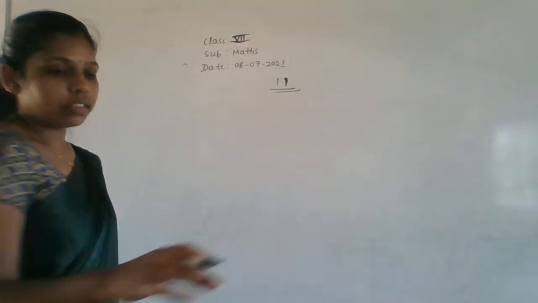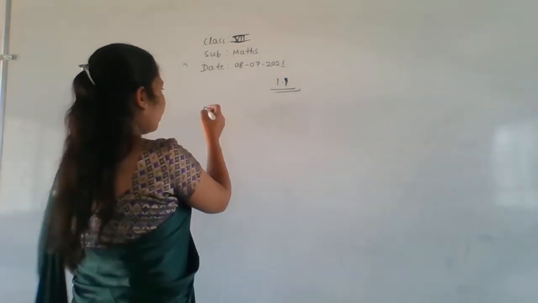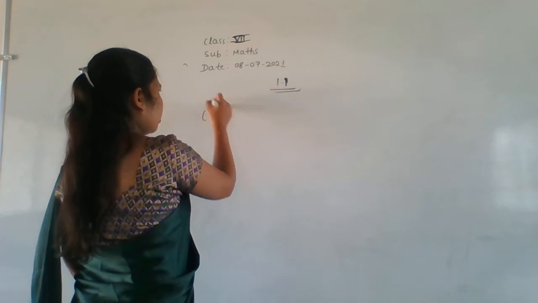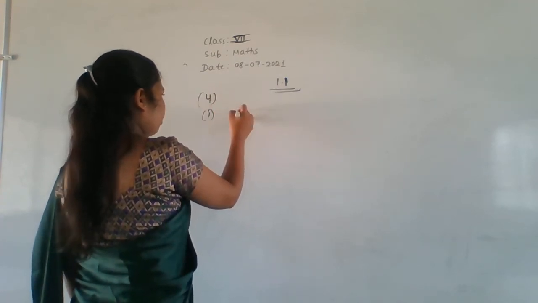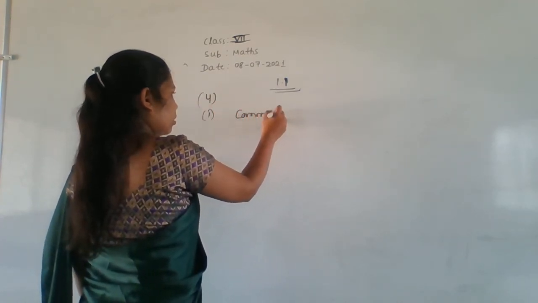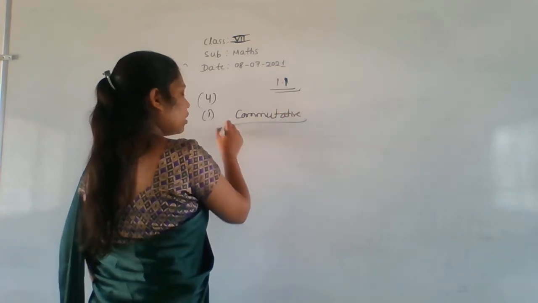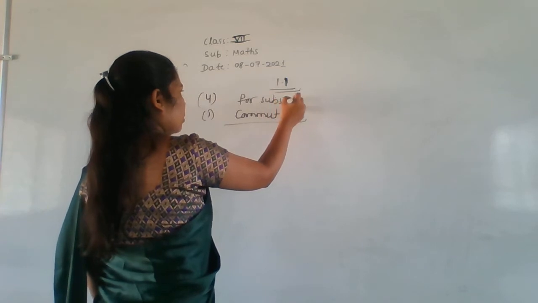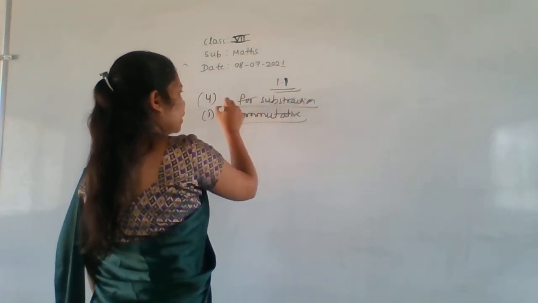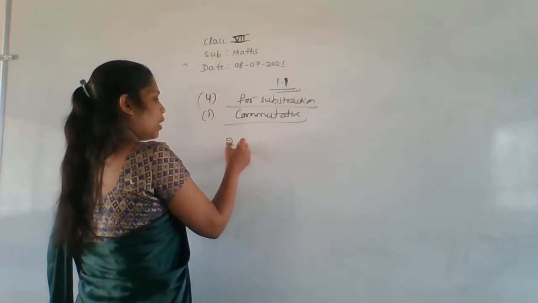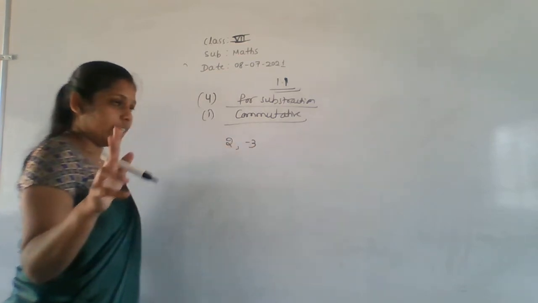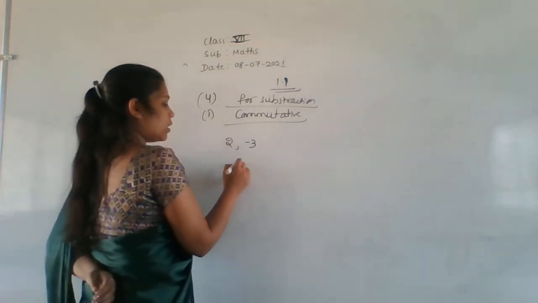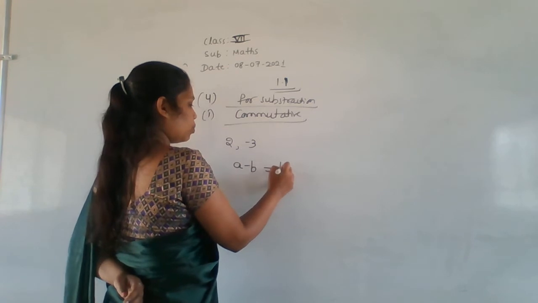First one is commutative. For subtraction I am taking, not for addition. So here I am taking 2 and minus 3 as the two integers. What does the commutative law say? a minus b is equal to b minus a.